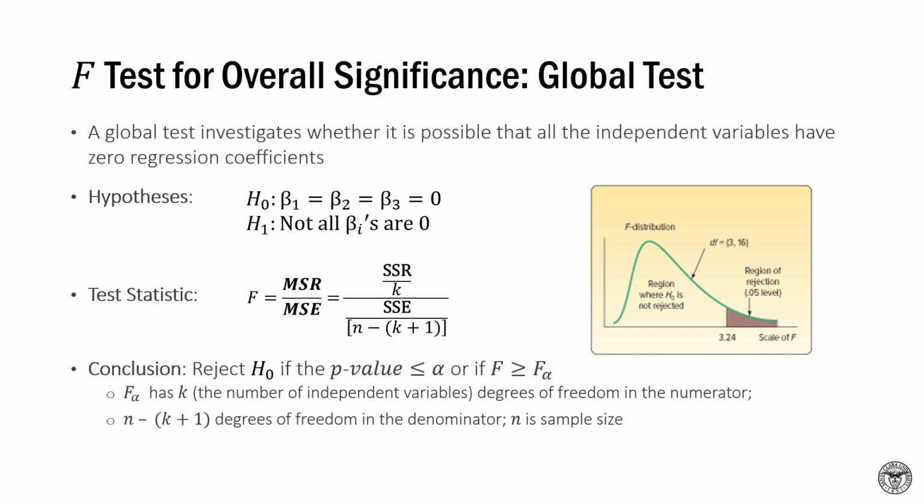The rejection area is in the tail of the distribution. If F is greater than or equal to F alpha, or the p-value is less than or equal to alpha, then the null hypothesis is rejected, which implies that the entire model is significant.